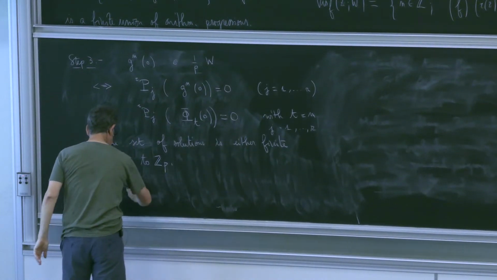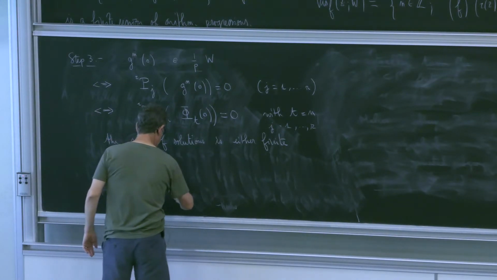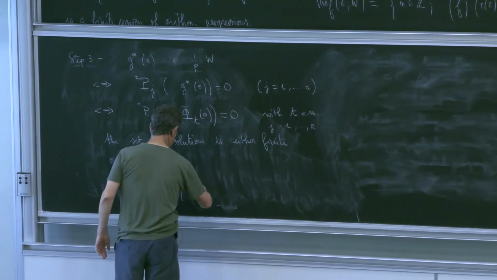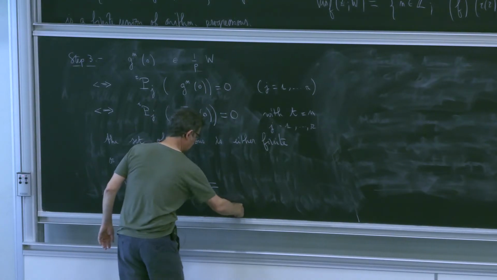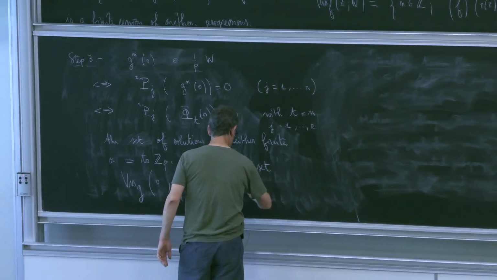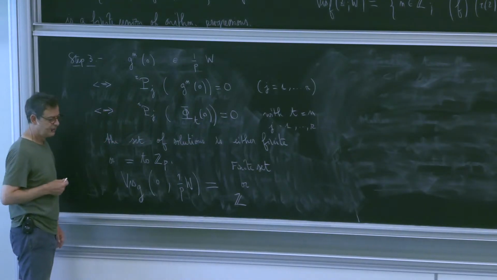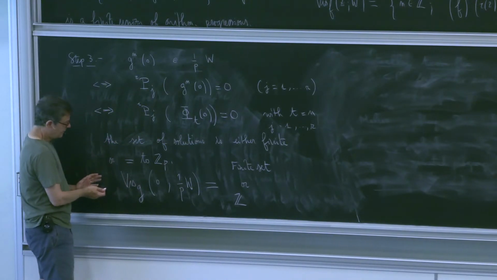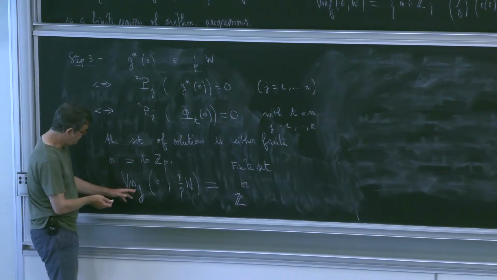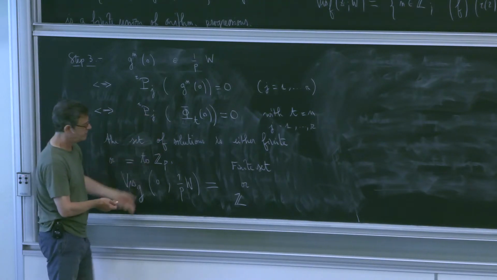So the visiting times for G starting at the origin in 1 over pw is equal to a finite set or Z. And now when I come back to F, F is related to G by the fact that G is F to the n up to conjugacy.